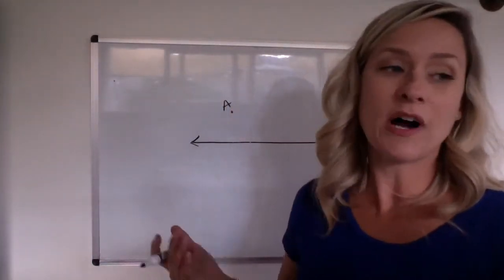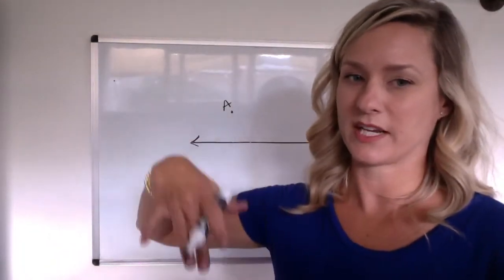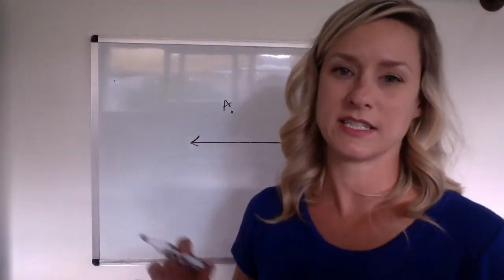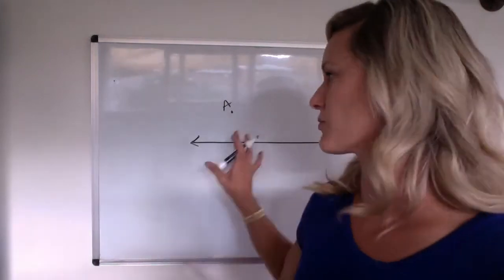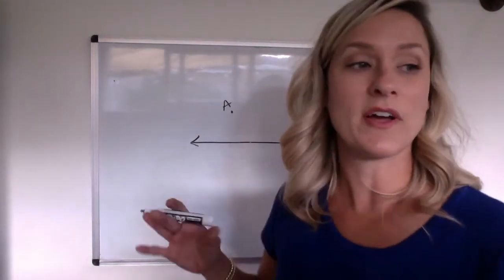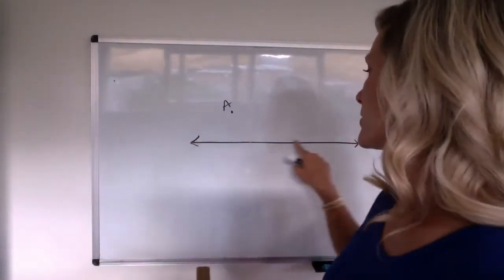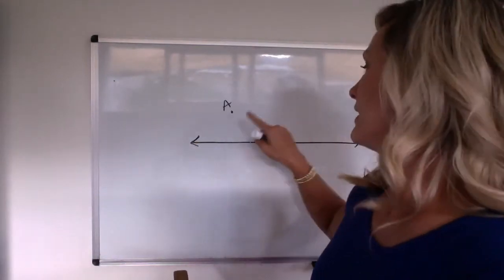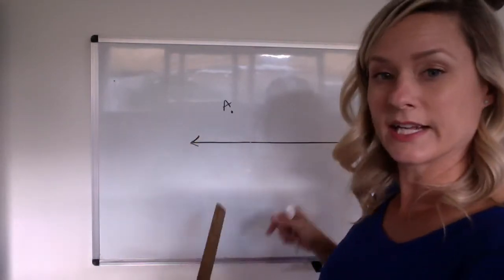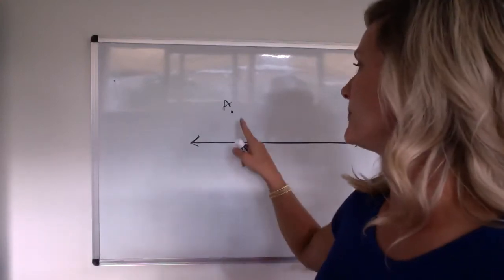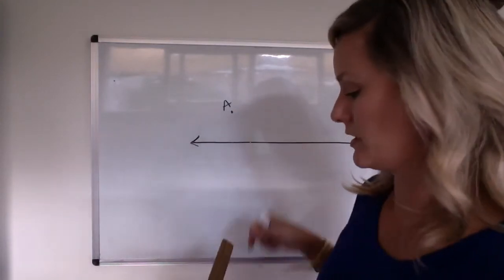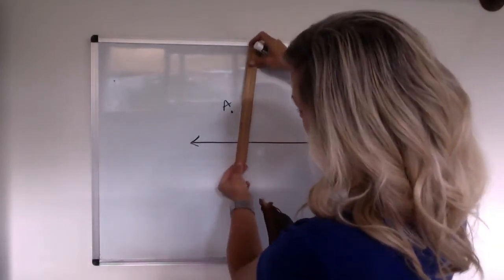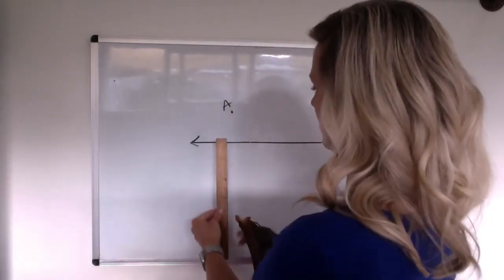I would be doing this with a piece of paper that I could fold, but for the point of this lesson, it's much easier to write it on a board. If you have a piece of paper, you could do this too. You could draw one straight line. This is as straight as I could get it with my little measuring tool. I measured 3 inches on this one, so I'm going to measure 3 inches down.